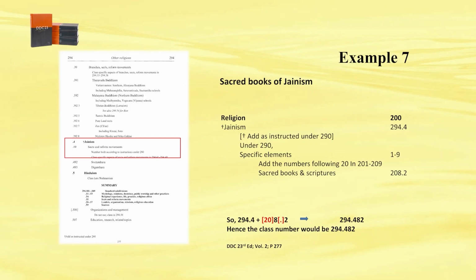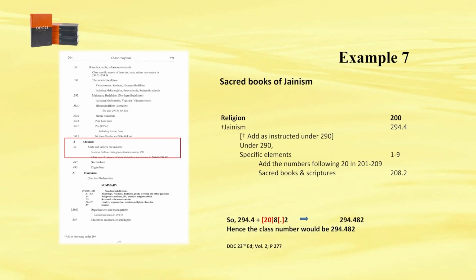There is another instruction there to add the number following 20 in 201 to 209. So under Jainism there is no direct number for sacred scriptures or books. So we have to go as per the instruction under 290. There we have found an instruction to add the number following 20 in 201 to 209.